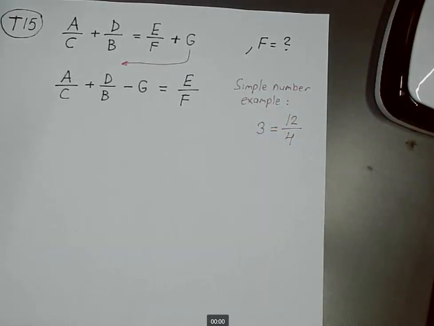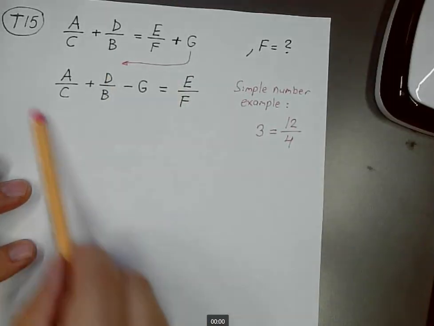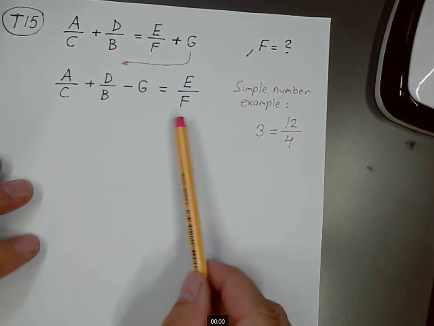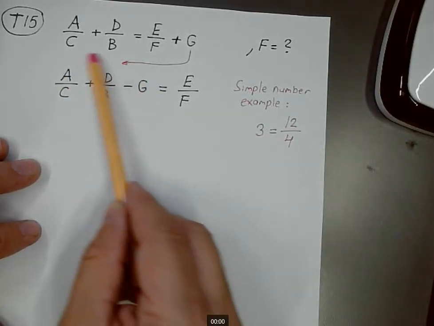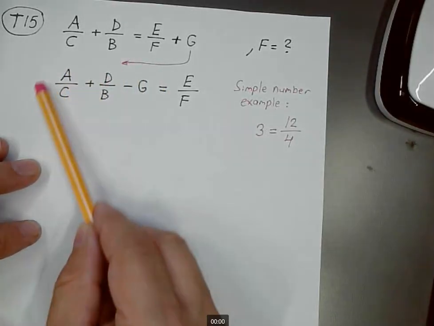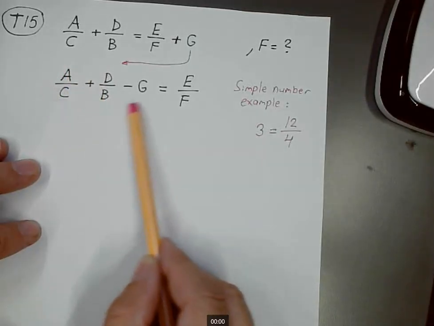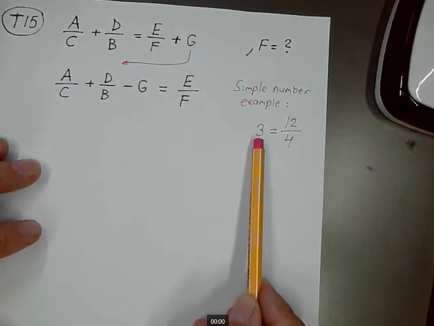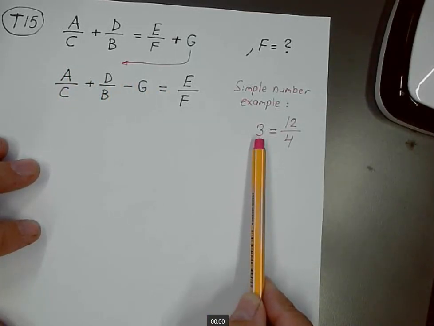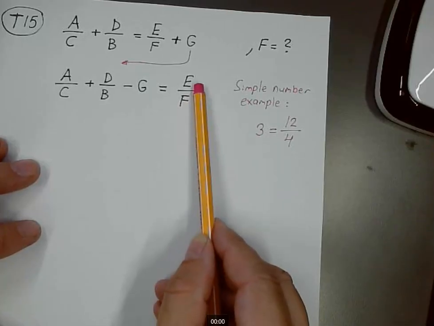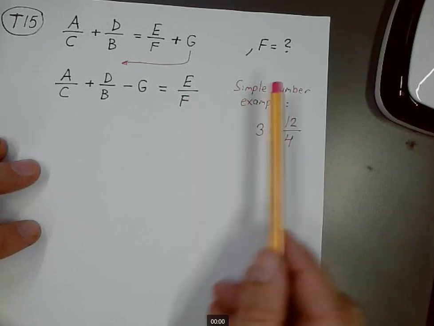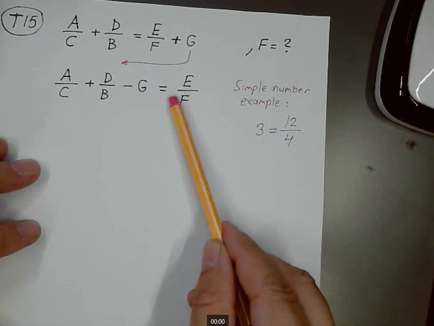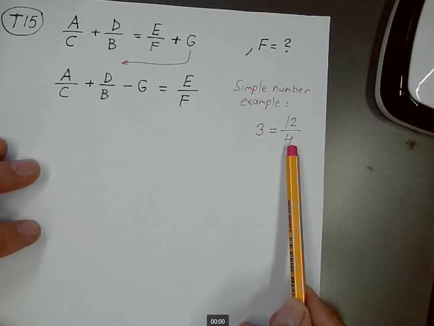And now we have a similar situation in this letter equation. This whole bunch here on the left hand side means 3 in this example, and E in this letter equation means 12, and this unknown F means 4.